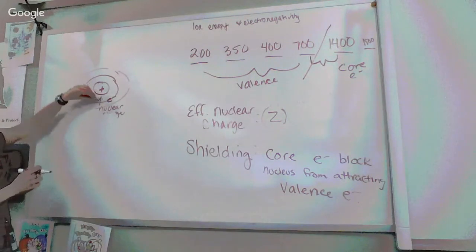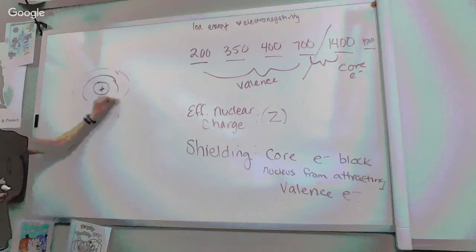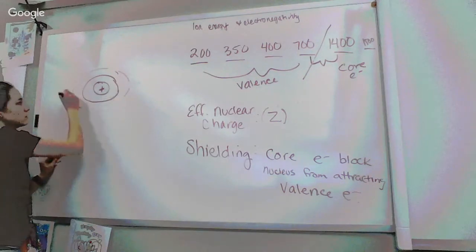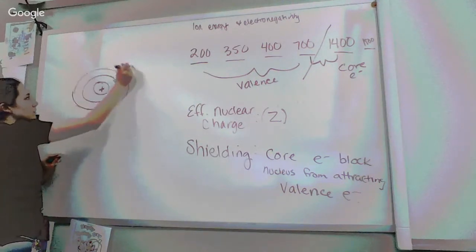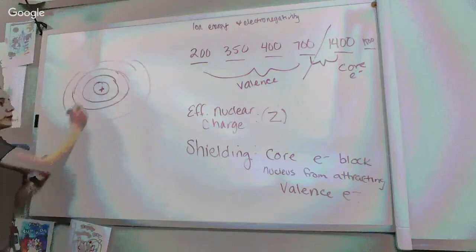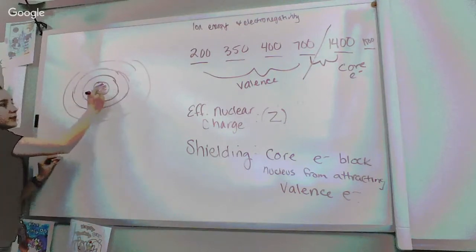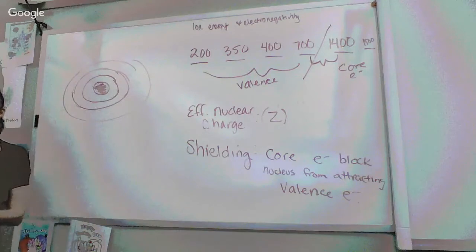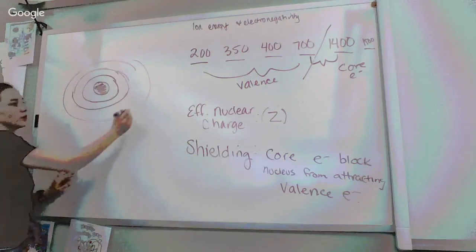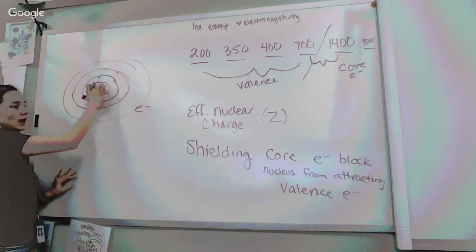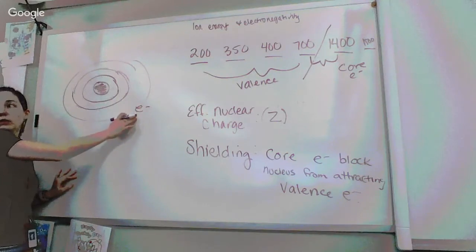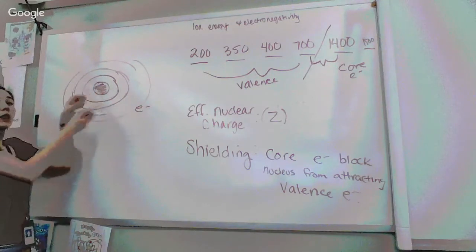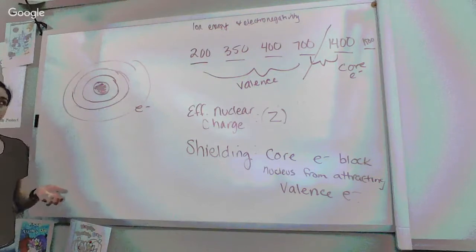So back to my picture I drew over here. Okay, so here in the center, remember this nucleus is going to be attracting those outer electrons. So if my valence electrons are out here, that nucleus is attracting those electrons. And that is a really important role that they're able to play.